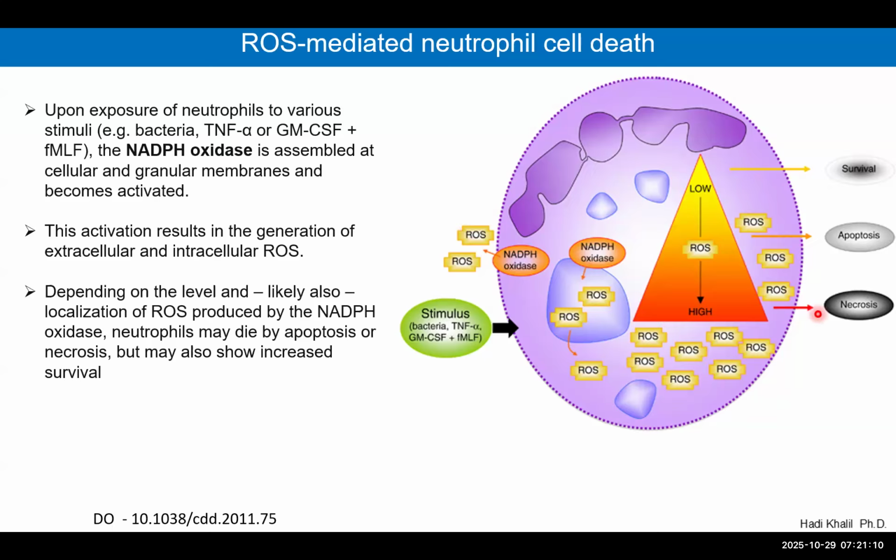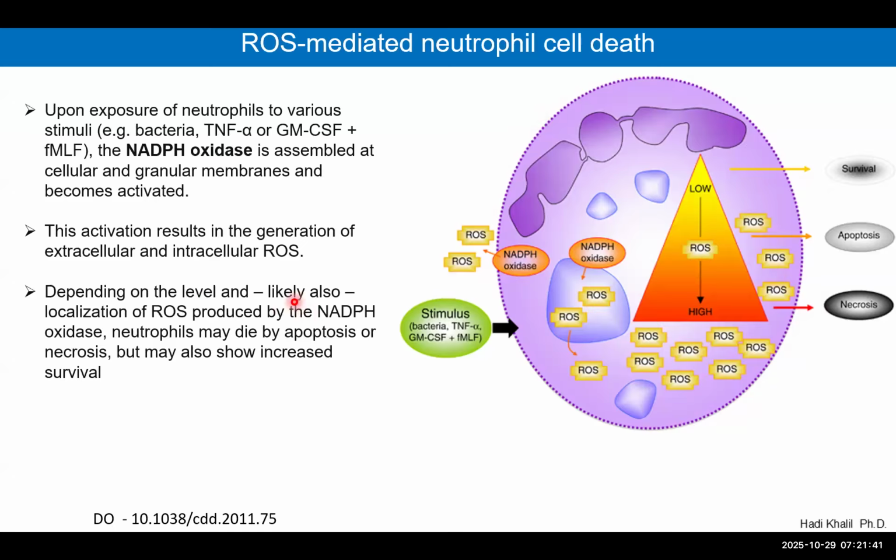So that's how most of the time neutrophils die when they get to the site of an injury, because they are affected by that stimulus from those neighboring cells and then generate tons of those reactive oxygen species, which leads to the adverse effect that I just explained to you at the level of the membrane and the level of mitochondria, sarcoplasmic reticulum, loss of ATP, peroxidation of the membranes, and loss of integrity.